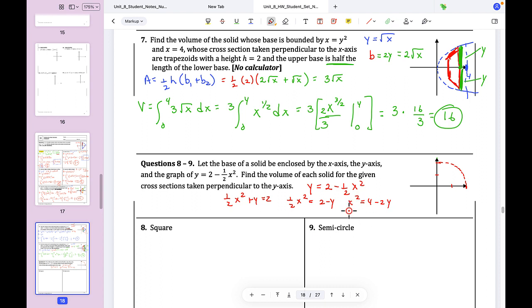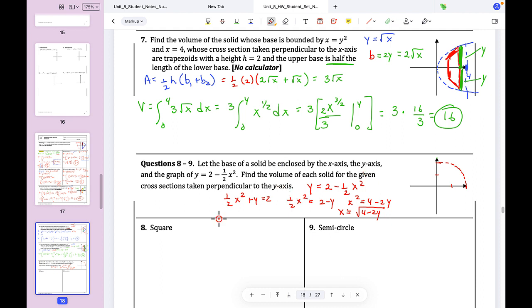So we'll take the square root. So x equals the square root of 4 minus 2y. Did I do that right? Yeah, okay. Just checking my notes.